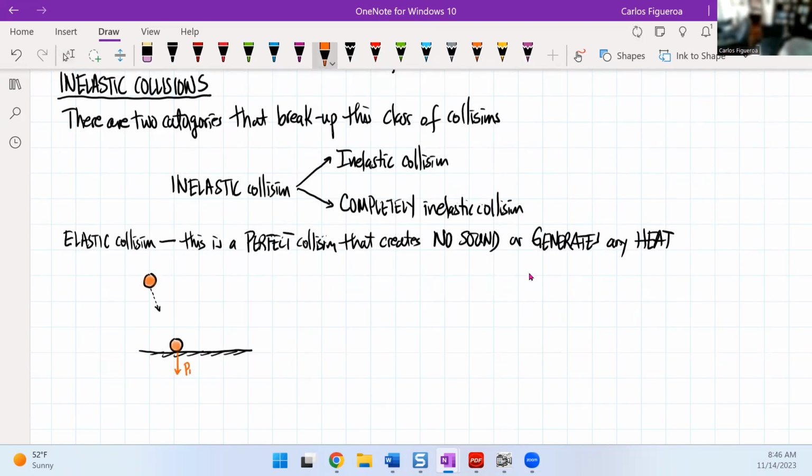It has this momentum coming in. And then right afterwards, this is the before and after the collision, it has momentum that is coming up like this.